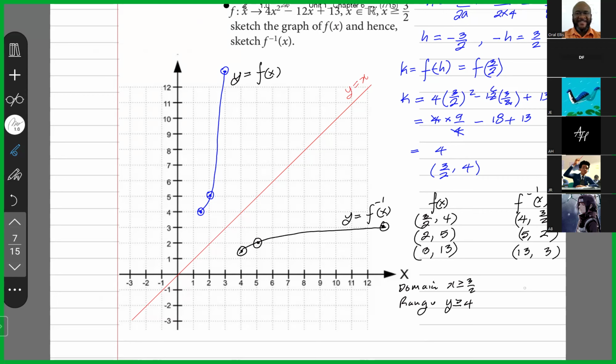For f inverse x, the domain is x is greater than or equal to 4. You should be able to see that for yourself. And y is greater than or equal to 3 over 2. Please note that for f of x and f inverse x, the domain and the range values interchange.